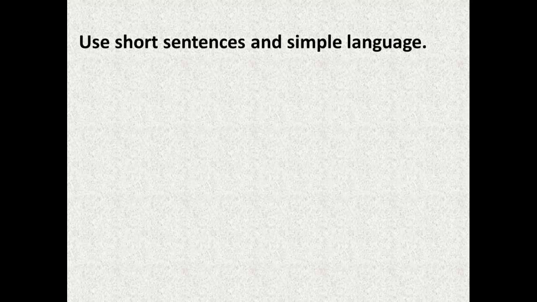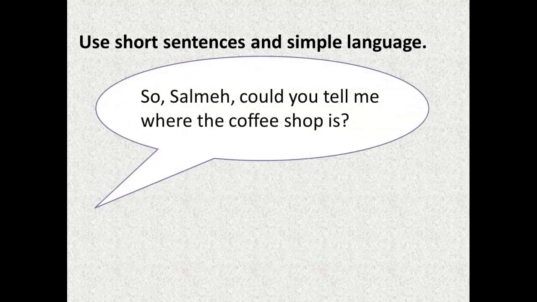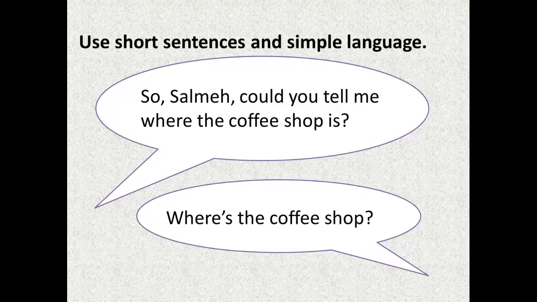So, for example, saying something like this at a lower level is difficult. We've got an embedded question there, we've got a verb therefore in an unusual place at the end of the sentence. It's difficult. This is much easier and really has the same effect. So think about how you can keep things simple. That's worth thinking about.